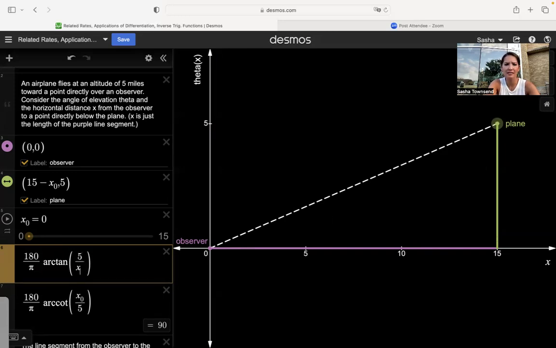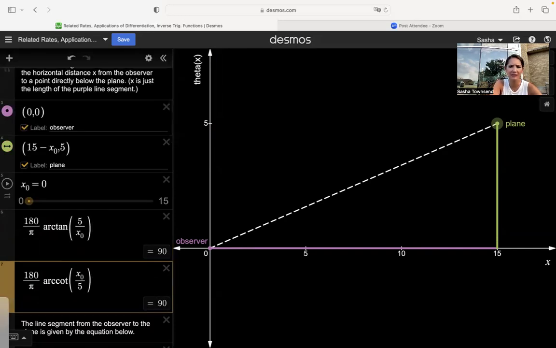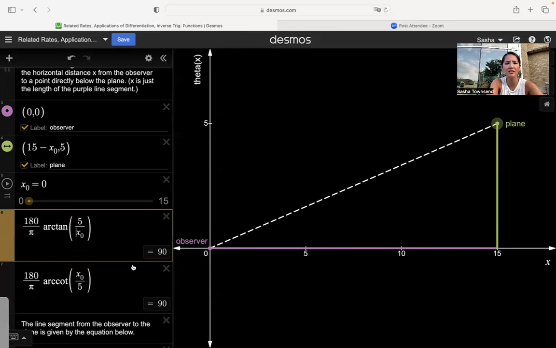And then the denominator is x naught. And so it says that we've got 90 degrees there. That doesn't look right. Oh, sorry, it's not x naught. It's 15 minus x naught, because x naught is 0 here. When x naught is 0, this distance is actually 15.